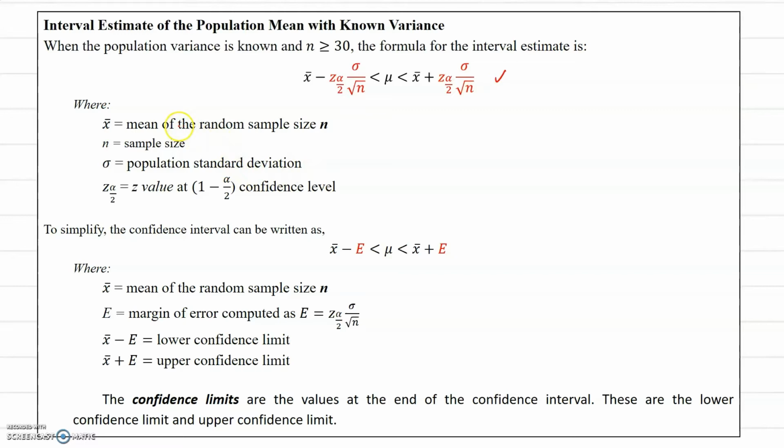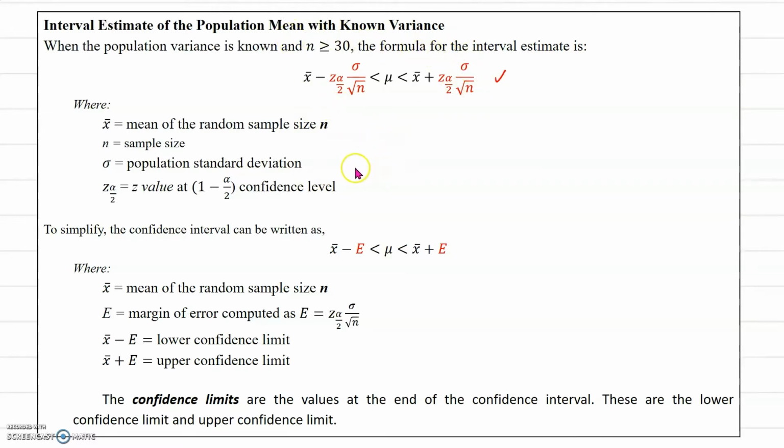Where x bar is the mean of the random sample, n is the sample size, sigma is the population standard deviation, and z sub alpha over 2 is the z value at 1 minus alpha over 2 confidence level. And we have here a quite complicated formula for the interval estimate, right?